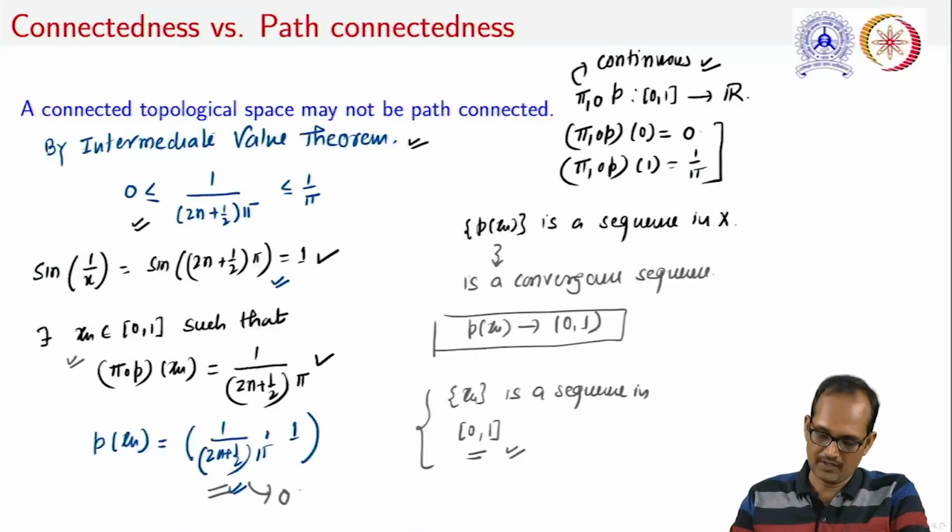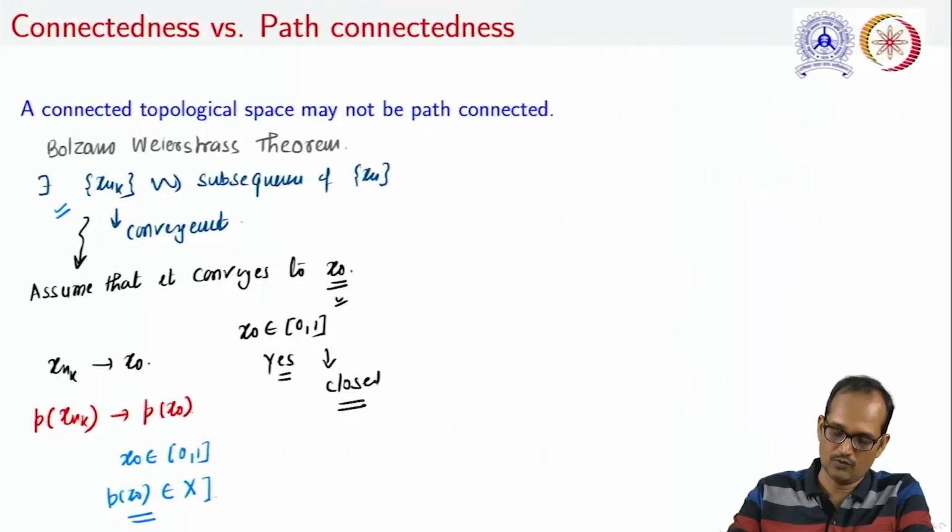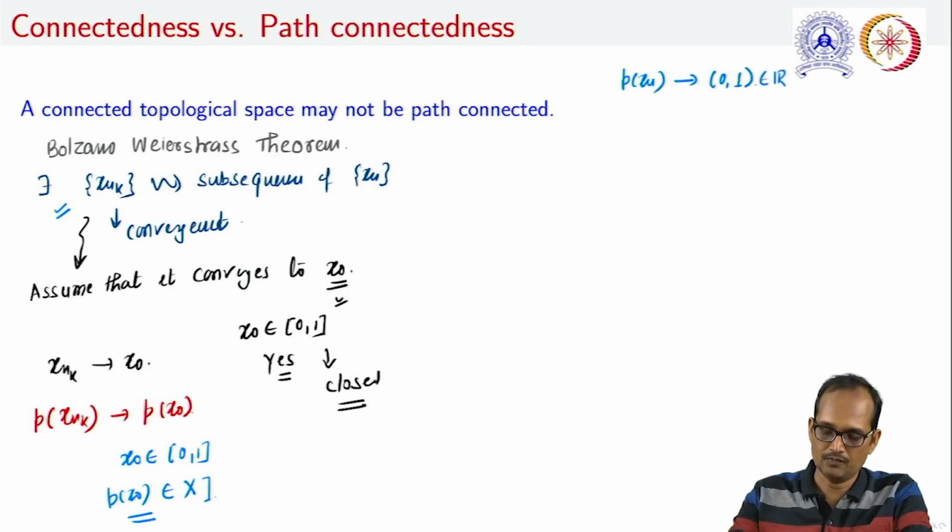Now, we have already seen that the sequence p(xn) is converging to the element (0, 1) of R². So, as p(xn) is converging to this element (0, 1), and x_{nk} is a subsequence of xn, the subsequence p(x_{nk}) will also converge to (0, 1) in R².